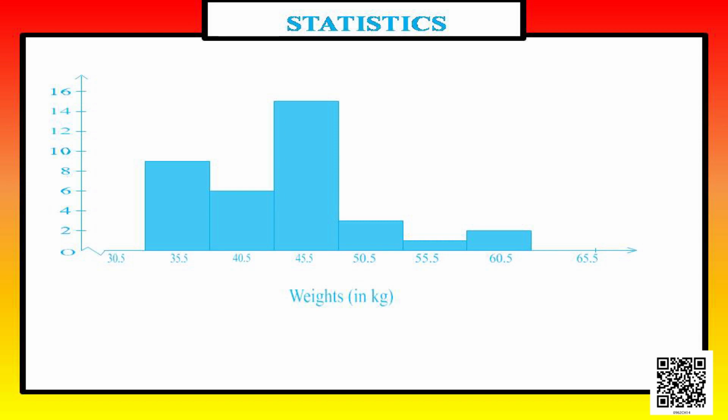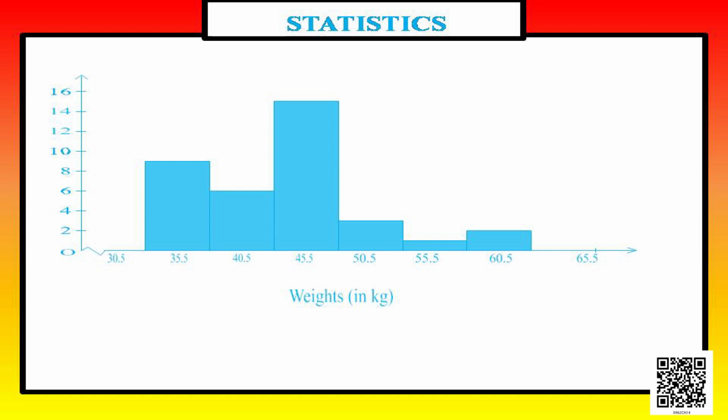So, along with 9 we draw a line on top of the class width 30.5 to 35.5. Then in the next class width, that is 35.5 to 40.5, the frequency was 6.